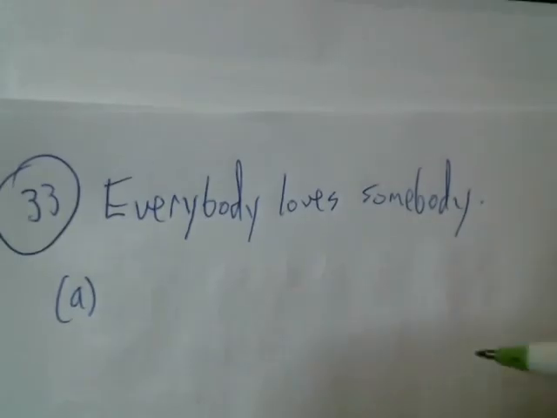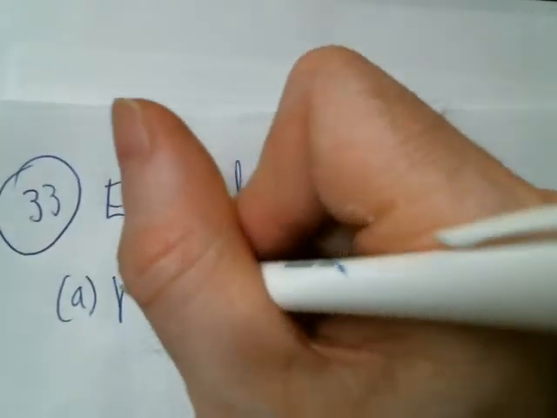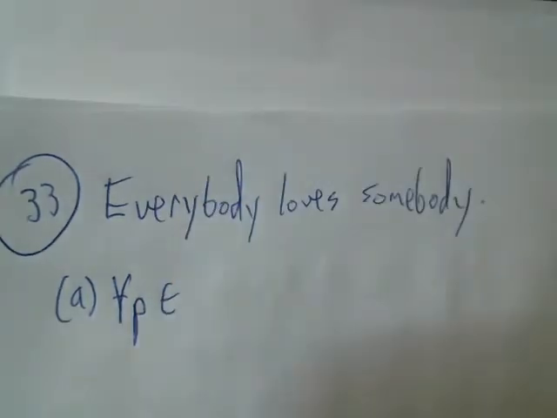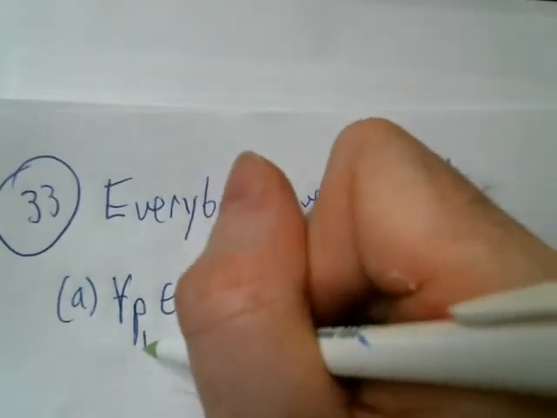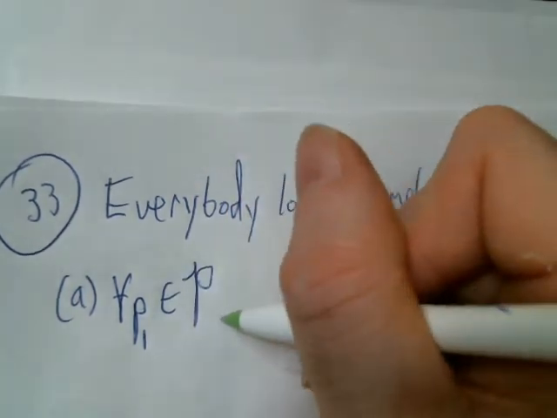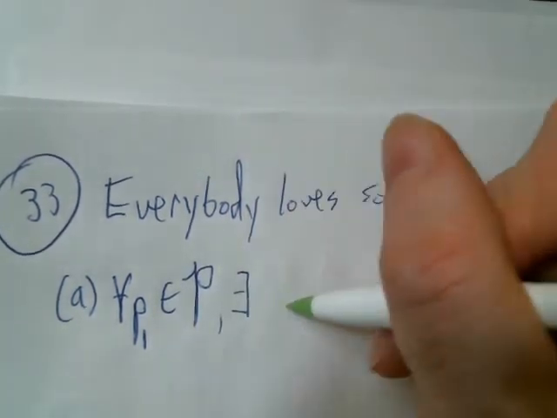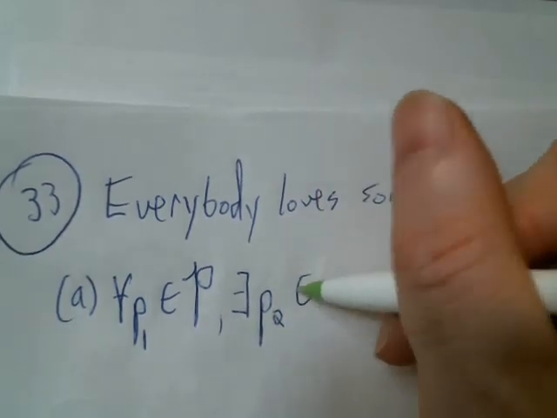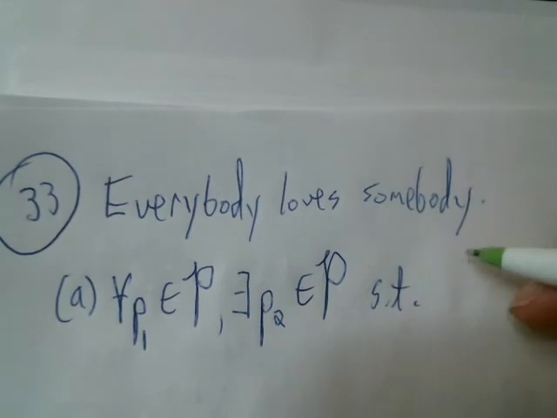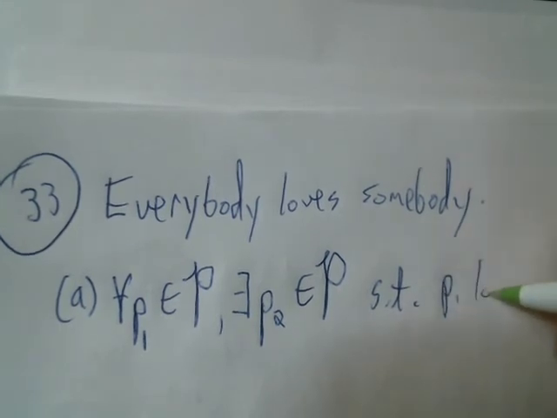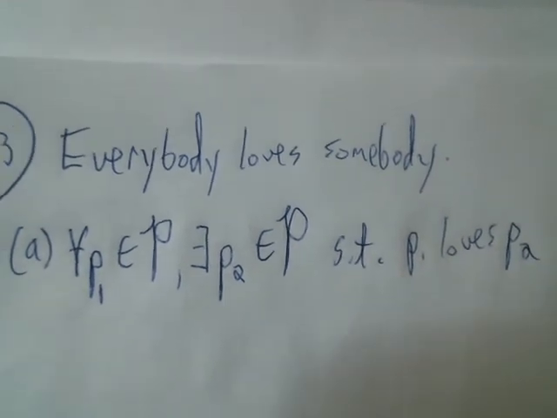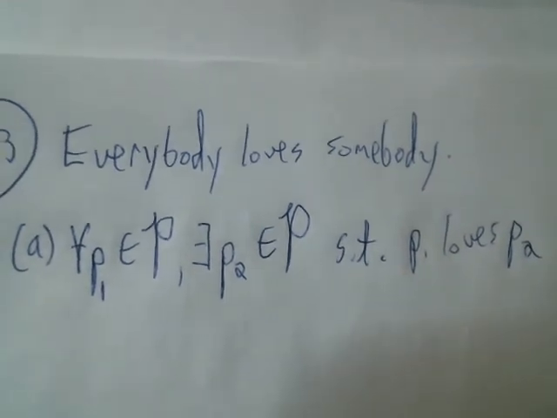First I'm going to translate it formally. We need two different people. So for every P1 in the set of all people, there exists a person P2 in the set of all people such that P1 loves P2. That's everybody loves somebody in logic speak.